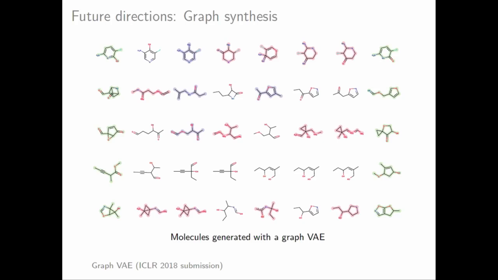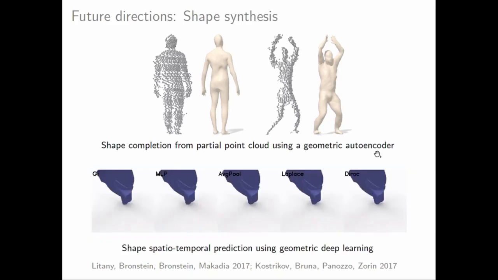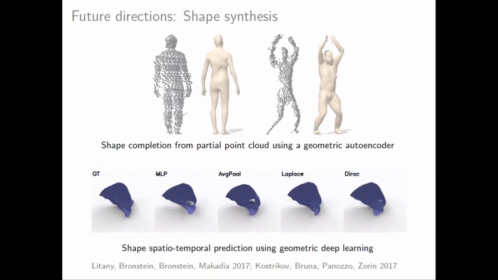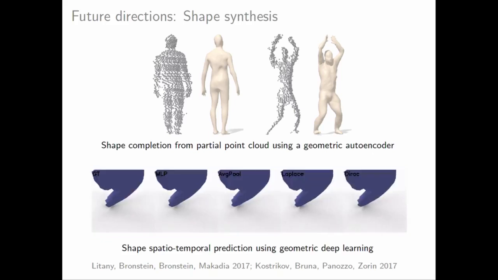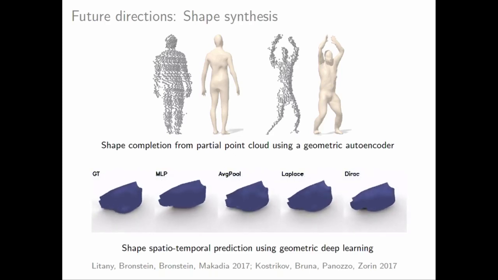Here are pictures from an anonymous ICLR submission. Maybe the author is among the audience, it's anonymous, I don't know. Here are some molecules generated by a variational autoencoder, trained using graph neural networks as encoders and decoders. There are other examples of synthesis with applications to graphics.